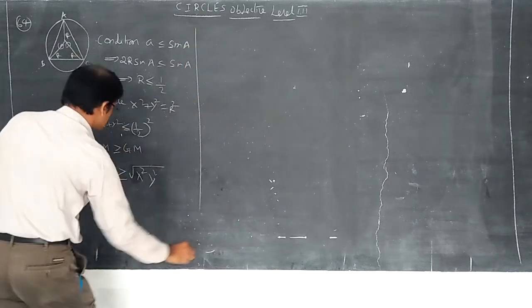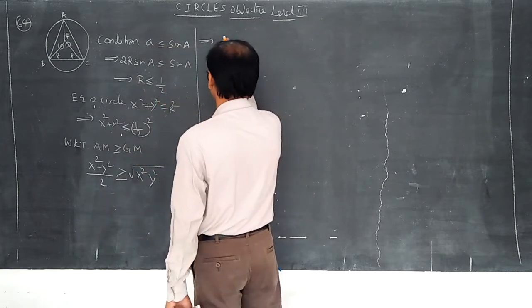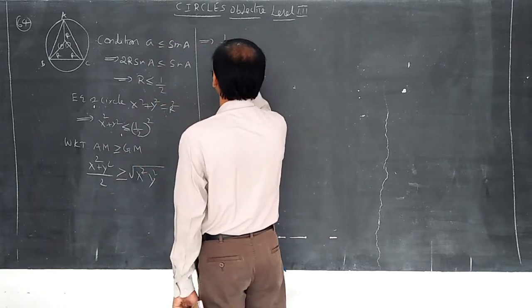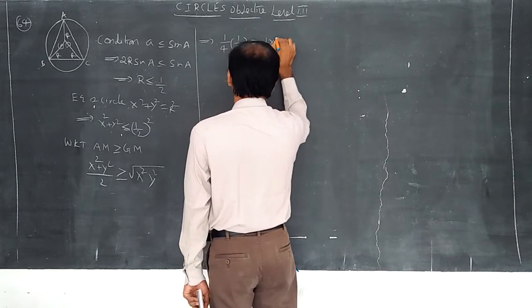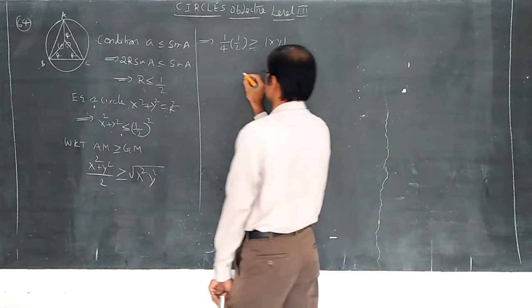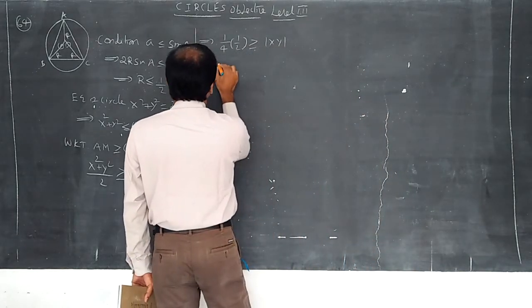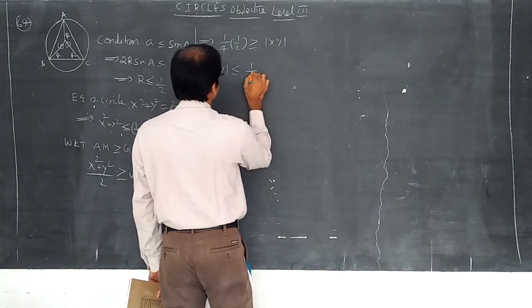The maximum value of x square plus y square is 1 by 4, so 1 by 4 into 1 by 2 is greater than or equal to xy. Therefore, modulus of xy is lesser than or equal to 1 by 8.